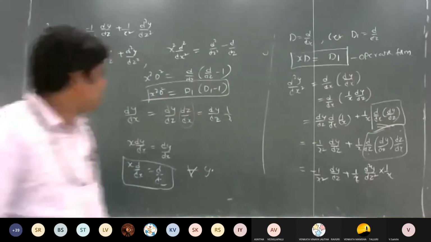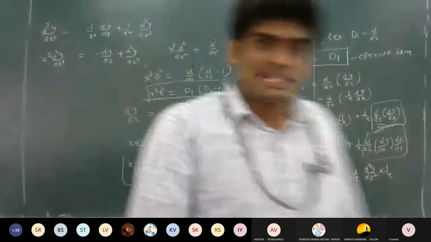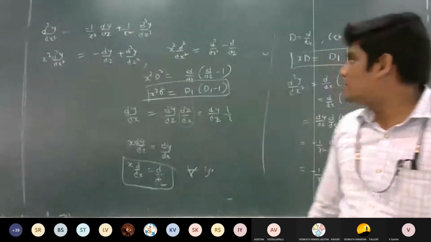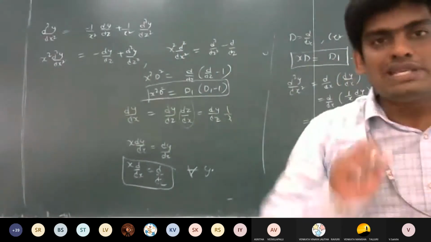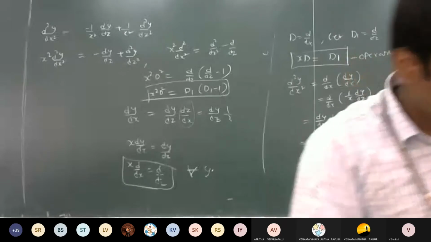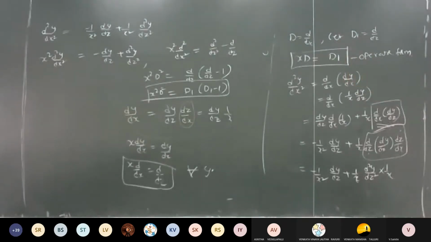So x D is equal to D1, x square D square is equal to D1 into D1 minus 1. Similarly, what is x cube D cube? D1 into D1 minus 1 into D1 minus 2.